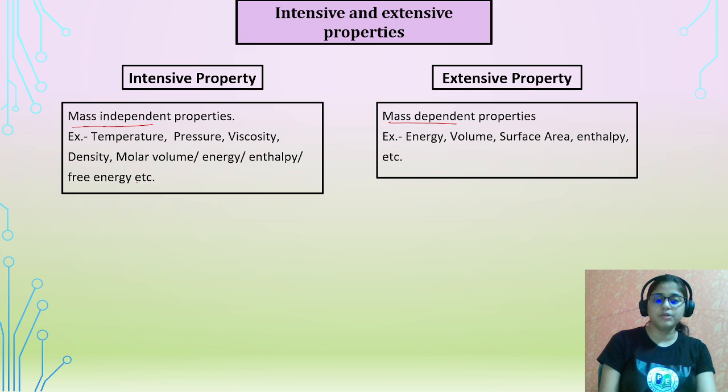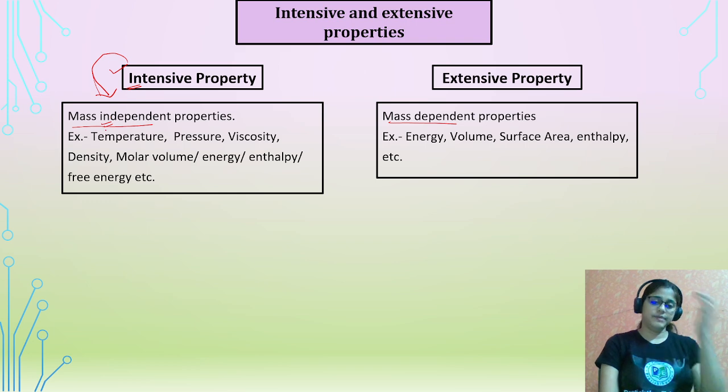It will be easy to remember if you read it this way: intensive, in, and independent. So for an intensive property, it will be mass independent. I remember it like this because it is very confusing, I know. In and in, right?